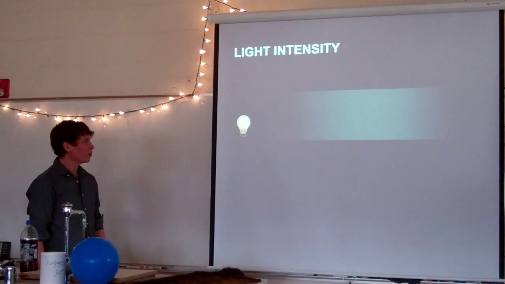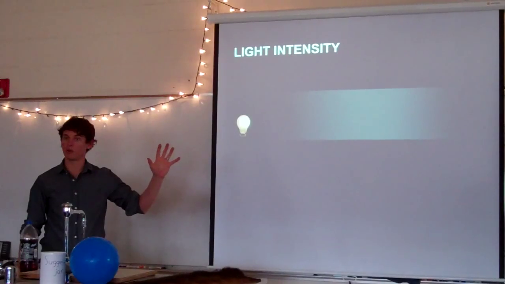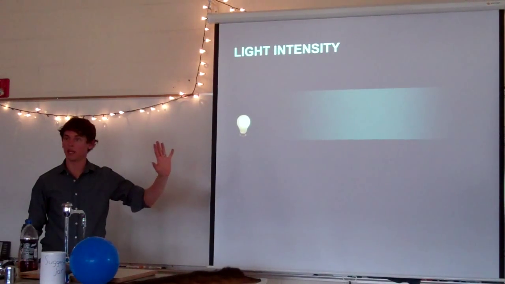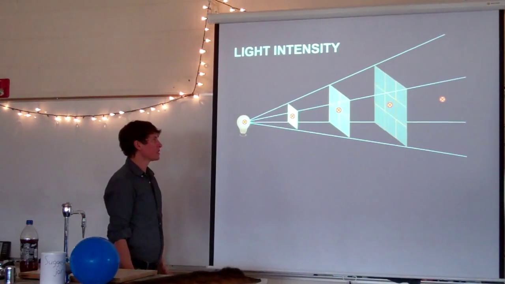Now we talked with gravity, did we talk about if we shined a light off in space, what will happen to the intensity on the paper? And then we talked about how gravity relates to that.